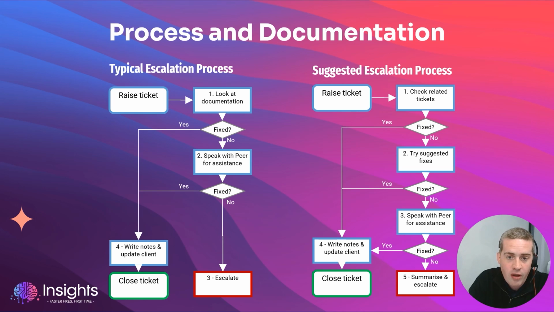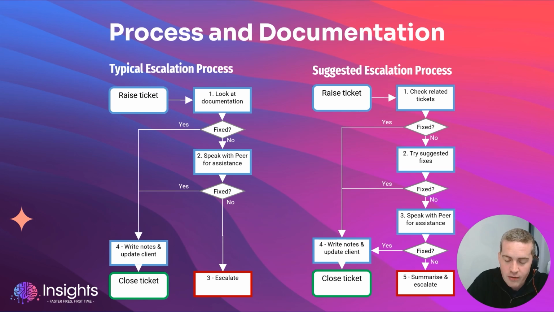If they can't do it through their own knowledge, they'll then look at related tickets that are being suggested to them. Are there any fixes? If the ticket's been raised, you've probably fixed it multiple times before, probably for that customer, maybe even for that user. So it allows the engineer to really simply find those related tickets and mine the information out of those tickets. Is there a resolution in that? And again, if that's been fixed, great, update the notes and update the client.